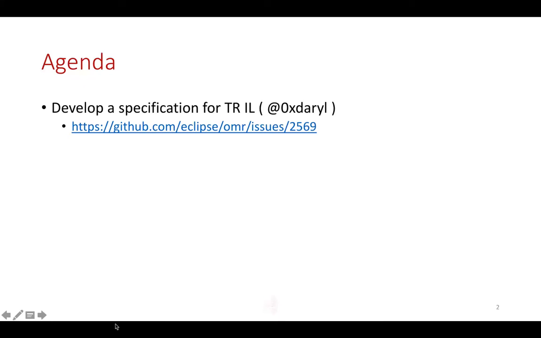There was one thing I wanted to mention before we moved on that I don't think I heard mentioned. Sure, go ahead. So I was thinking that we should decide whether we want the IL to be extensible by third parties, whether that makes sense or not, because what we have now is some of the opcodes are in J9 and some of them are in OMR, and as it stands, we have a lot of code in OMR that's if-def to J9 because it's very hard to deal with opcodes that are defined elsewhere.